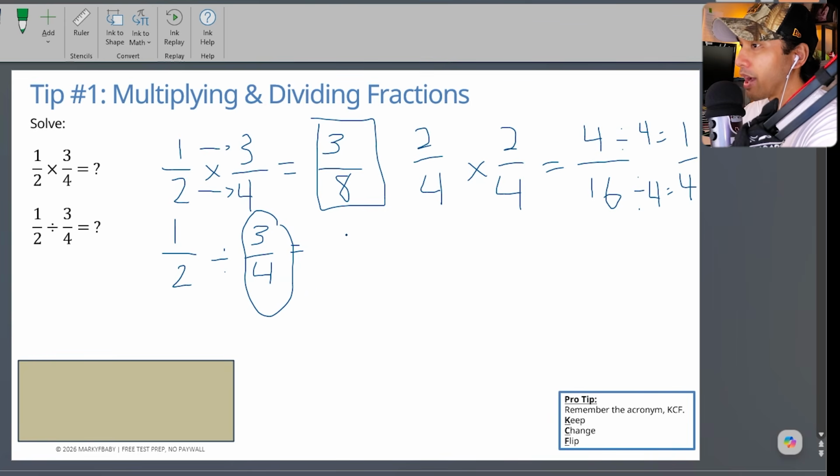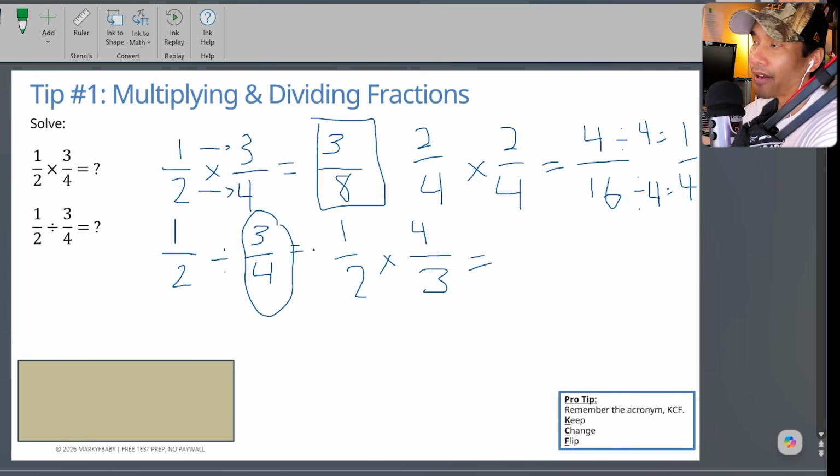So we could rewrite this whole thing as 1/2 times 4/3 equals, what is 1 times 4? After we flip the second term that we're dividing by, we just multiply across. That's it. 4 over, what is 2 times 3? That is 6.